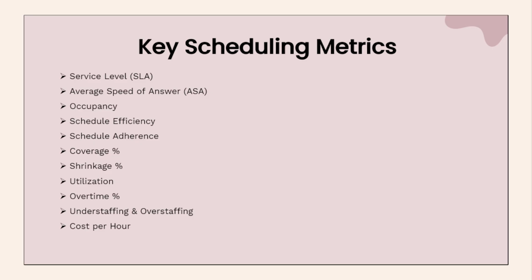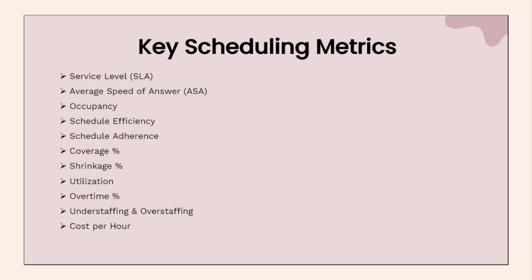Schedule efficiency means how efficient my schedule is. If 10 people are required and I have plotted 10, my schedule efficiency is 100%. But if I plot 12, my schedule efficiency will go down. Or if I plot 8 agents, then also my schedule efficiency will go down.